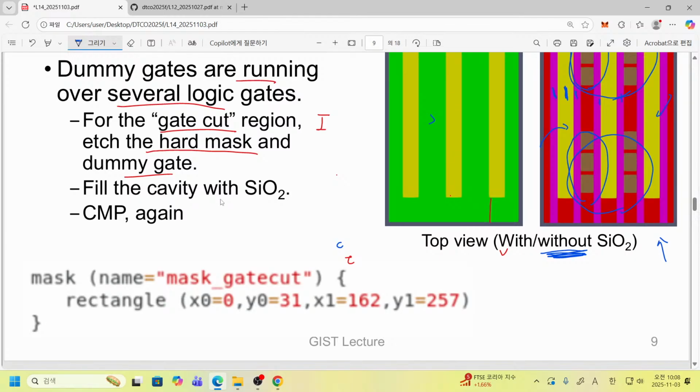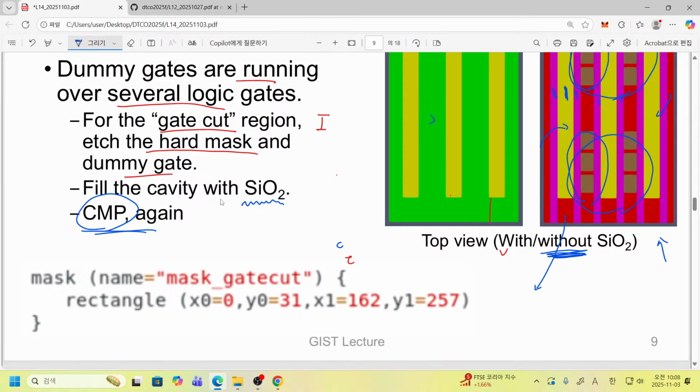Okay, so still we have to do CMP again. Simply speaking, we can eliminate this hard mask and dummy gate. After that, there is a cavity, and this cavity is once again filled with silicon dioxide, and you can see that there becomes another planarized surface, so that is CMP once again.